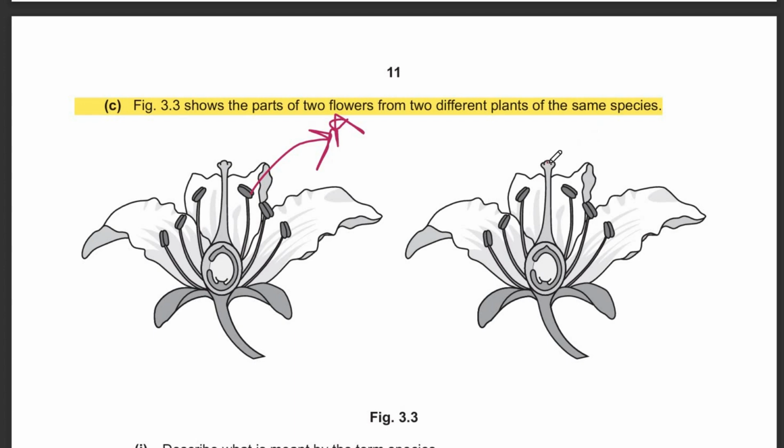So the stigma is this. We are going to label this as S. Alright. So anther and stigma should be correctly labeled and the line should be drawn from the anther to the stigma. So this and this. In this way we have cross-pollination.